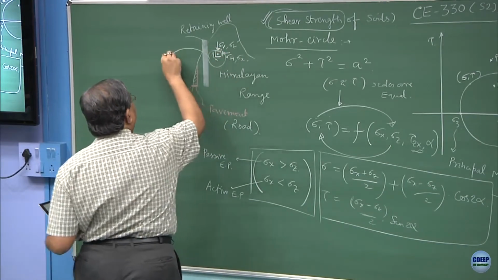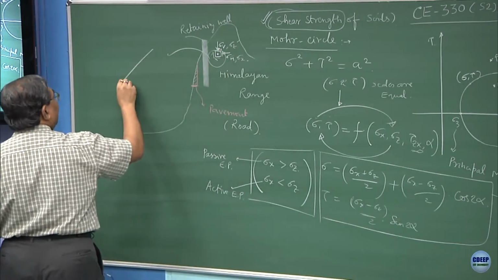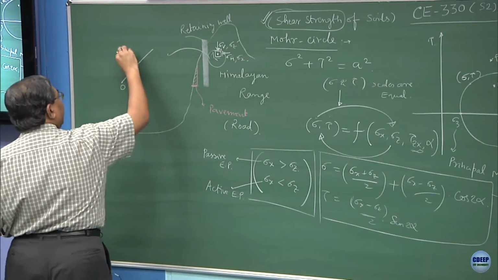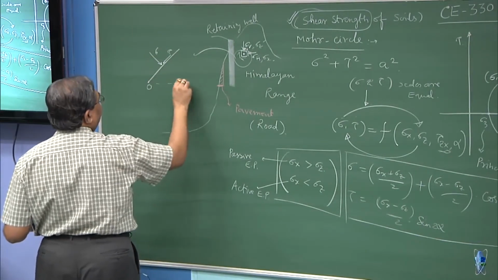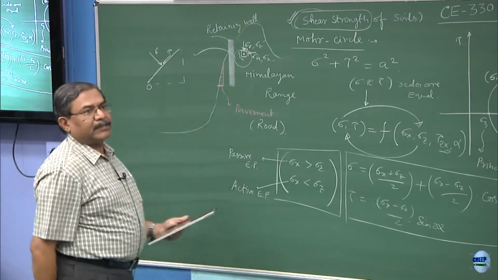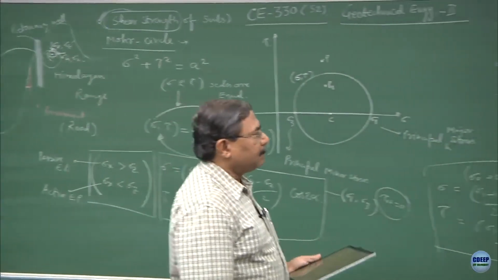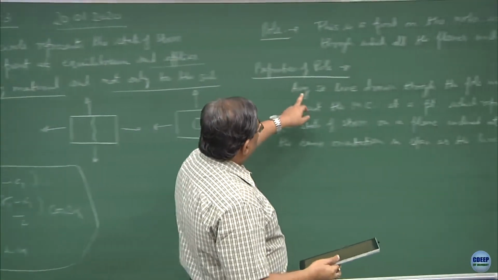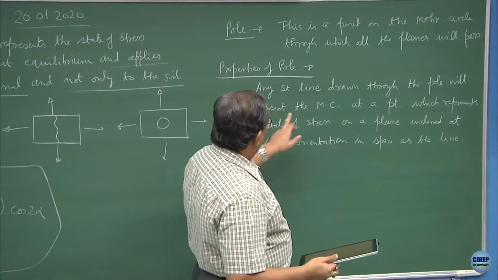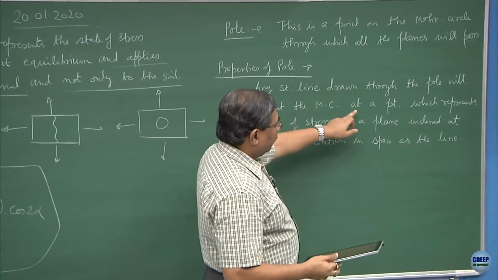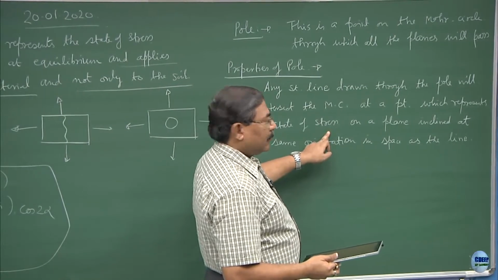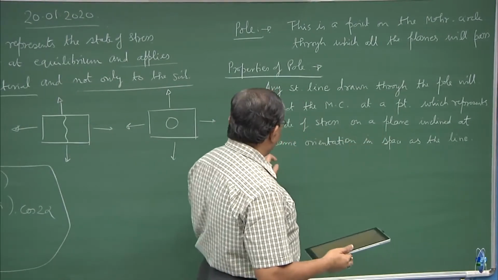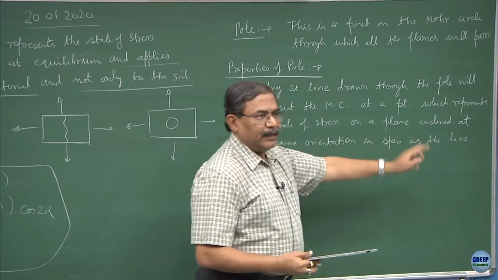When I zoomed it, it became like this. This is the point O, let us say, this is sigma, this is tau, and then we did some simple analysis. So, property of the pole: any straight line drawn through the pole will intersect the Mohr circle at a point which represents the state of stress on a plane inclined at the same orientation in space as the line is.